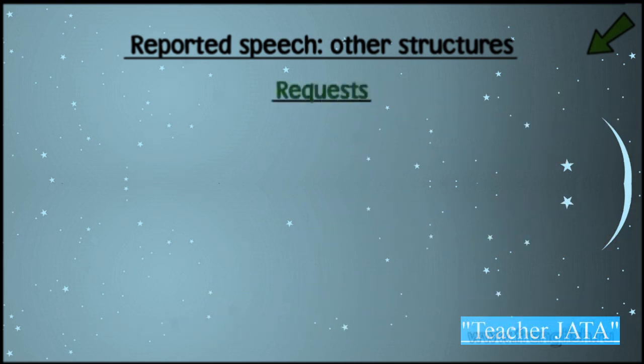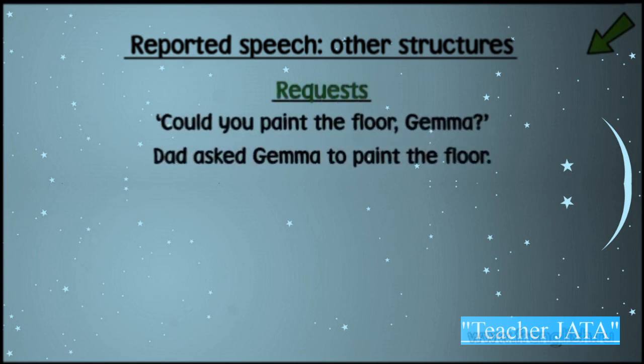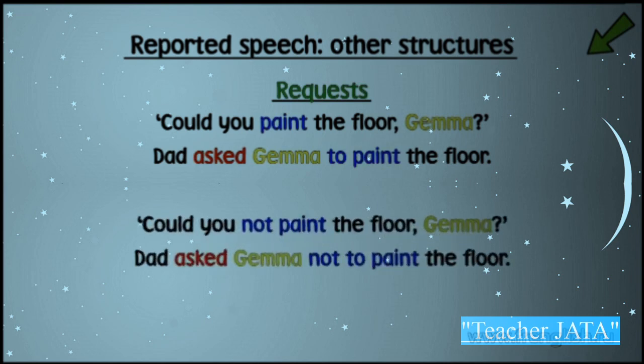To report a request, we can use the reporting verb ask. In a reported request, the verb ask is followed by the person who received the request and the main verb in the infinitive. To make the negative, we add not before to.